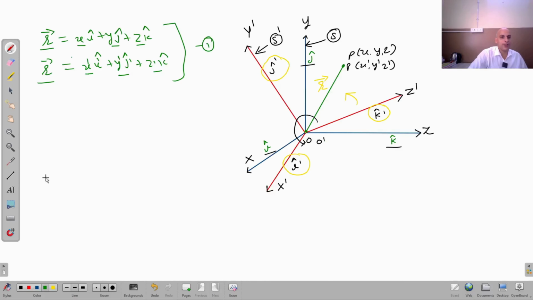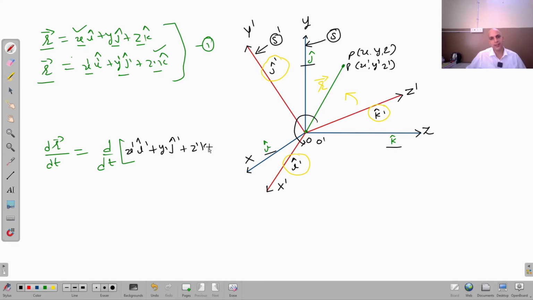Now let's take the differentiation of this one, that is dR upon dt. Now dR upon dt, we know very well, represents the velocity. Let's take the differentiation of the second one, right? What will it become? d/dt of x dash i dash plus y dash j dash plus z dash k dash, right? Then what will it become in the next step?